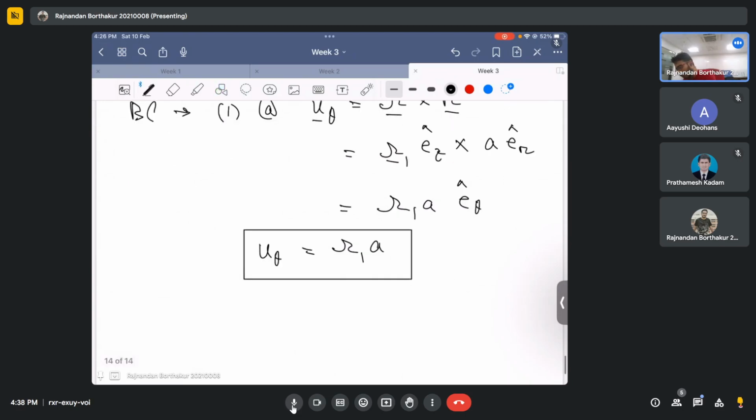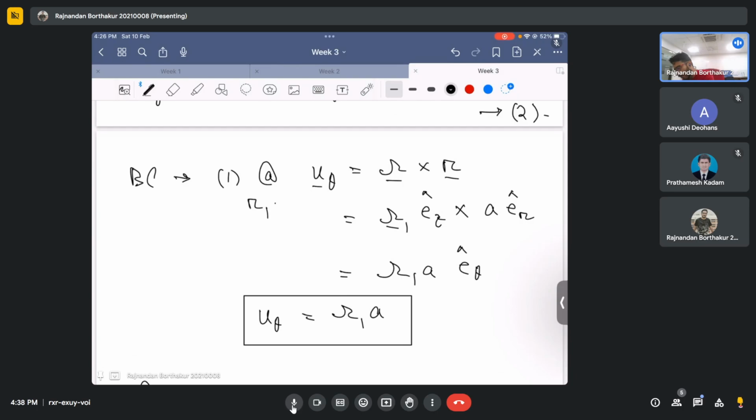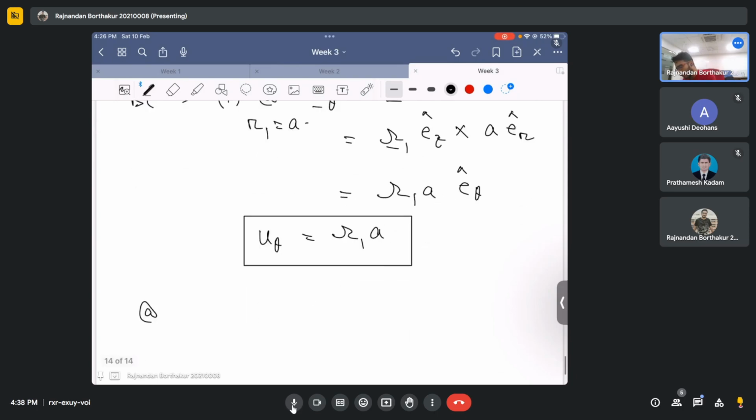Okay. In the same spirit, this was happening at r1 equals a. If we apply it at r1 equals b, let's write this as u theta.